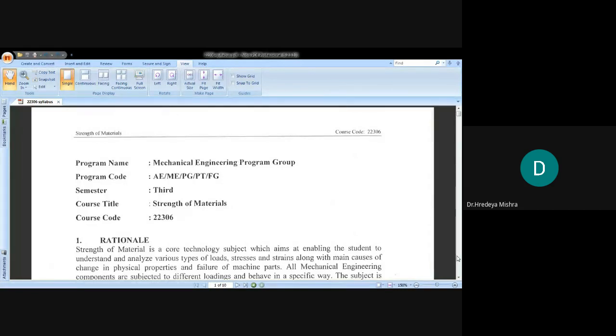So it is very, very important. If you choose your career in mechanical engineering in the design field, if you go for component design, then this is the basic and very important subject for that. So today we go through the introductory class for strength of materials.